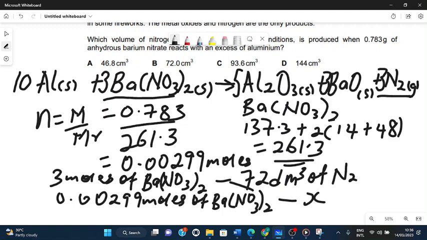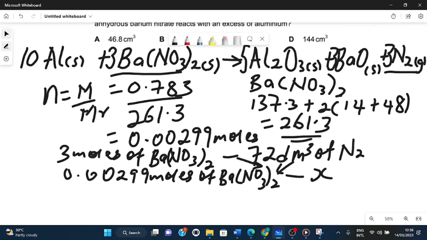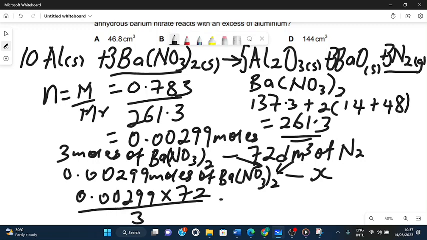X. So cross multiply. It will now be 0.00299 multiplied by 72 divided by 3.